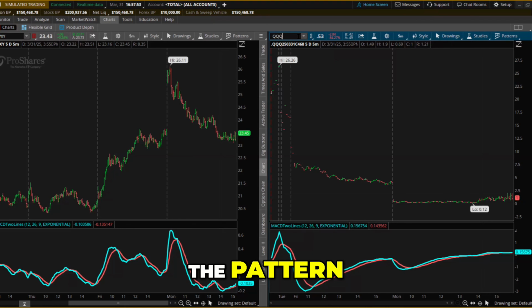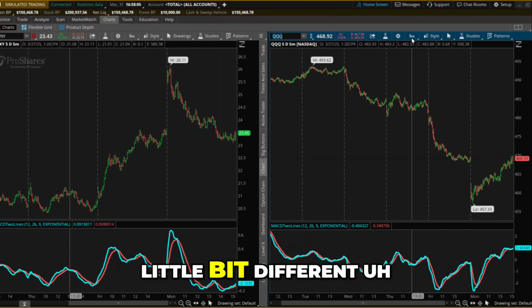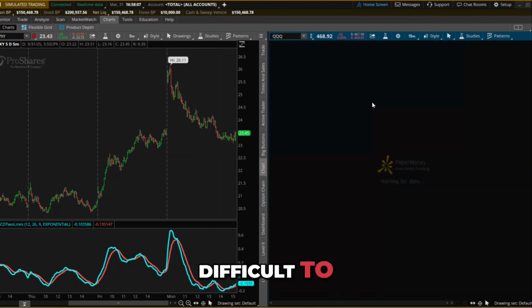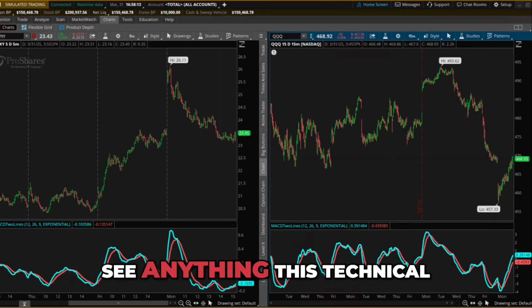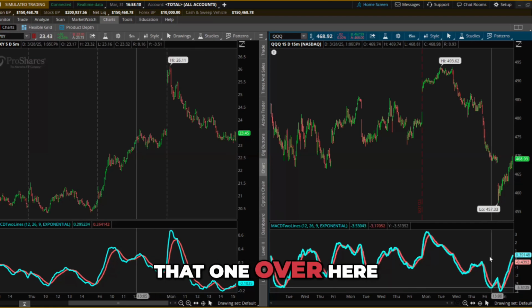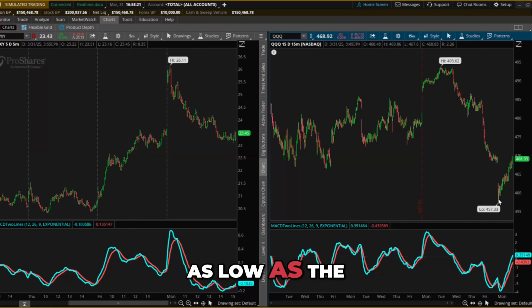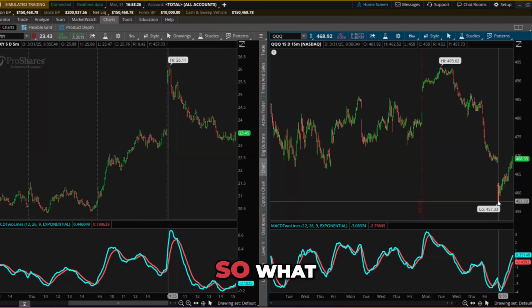Show me the pattern that defines that you should be entering into anything. I find that a little bit difficult to discern. I don't see anything here. Do you see anything? Say, yeah, I don't see anything. This technical pattern is lower than that one over here. Maybe it wasn't quite as low as the price was reflecting, but so what?